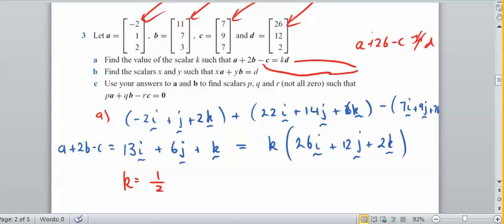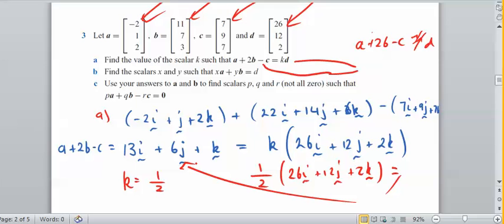Because if we have a half over here, half of 26i plus 12j plus 2k is equal to that. So, if you ever need to prove that two vectors are parallel, if one's a scalar multiple of the other, then they are.